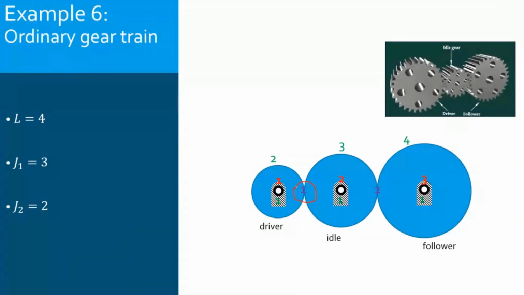And this is the first higher pair, the first gear joint. And I have a second one here. So I have 3 gears, but only 2 connections, gear joints. A connection between 1 and 2, and another one between 2 and 3. So J2 here is equal to 2 higher pairs.